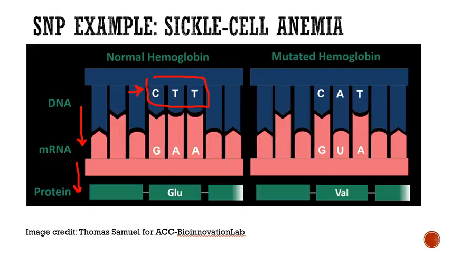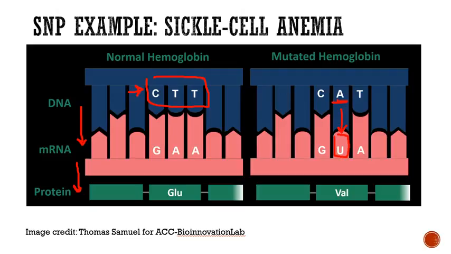Another reminder is that in RNA, there's one different nucleotide than DNA. So in RNA, the uracil or U replaces the thymine in DNA. So normally in DNA, A is going to pair with T, but when it becomes RNA, that is uracil instead of thymine in RNA. Just a reminder there.